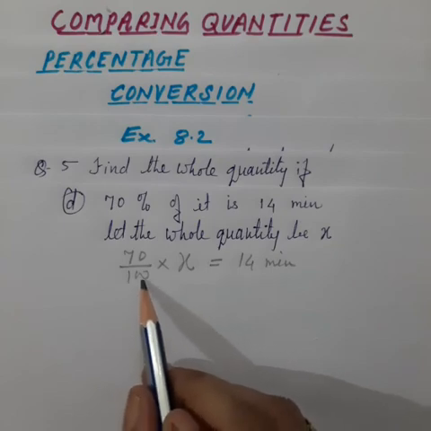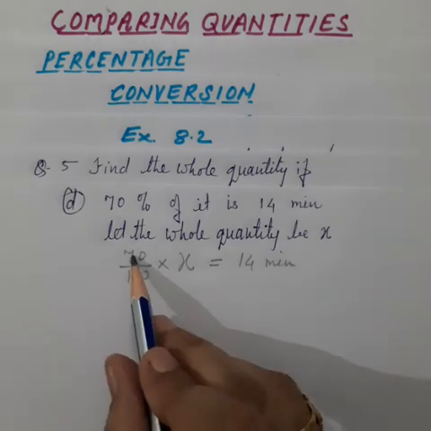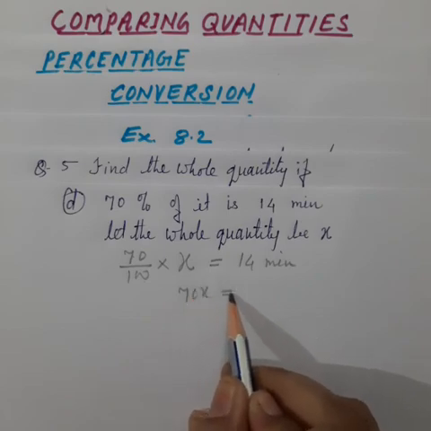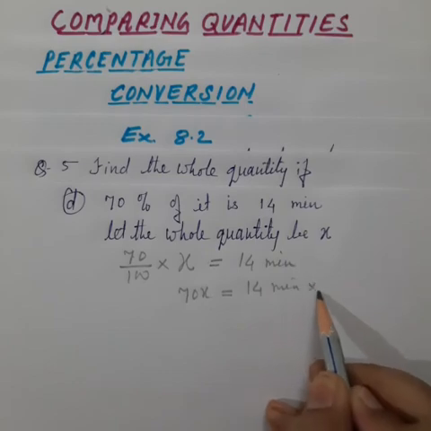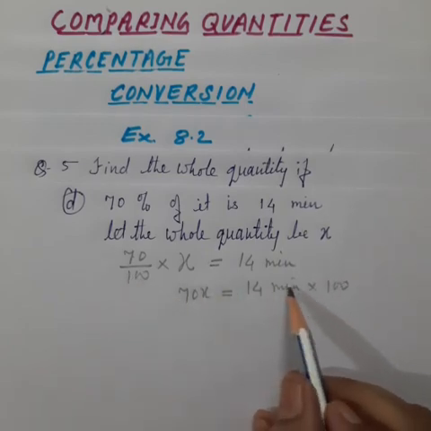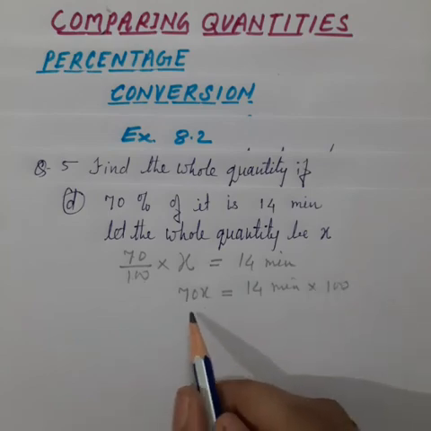Remove this 100 from the denominator first here. From left hand side it will go in the numerator in multiplication. So 70 into x, 70x equal to 14 minutes into 100.